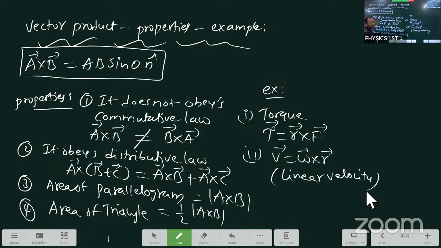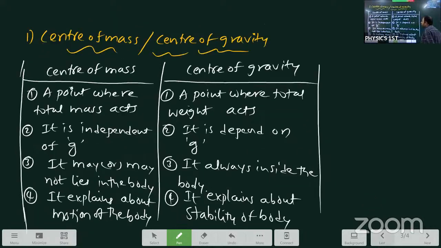What is the question? First one, center of mass and center of gravity. Very simple. Center of mass is a point where the total mass of the system acts, and center of gravity is a point where the total weight of the system acts.